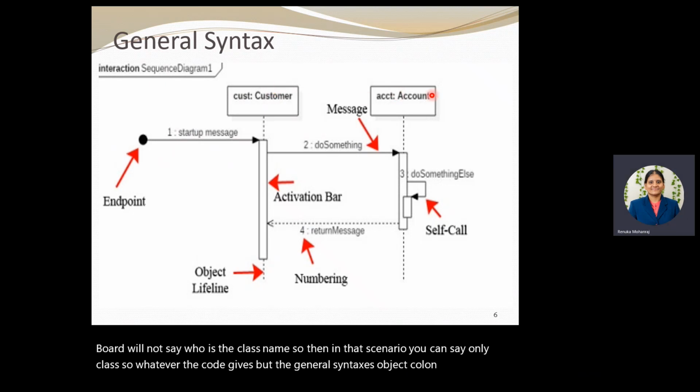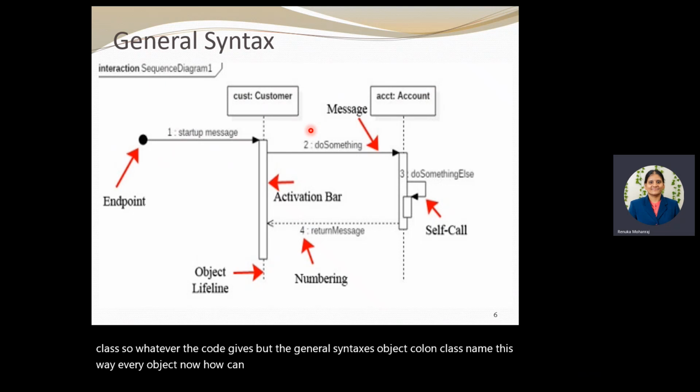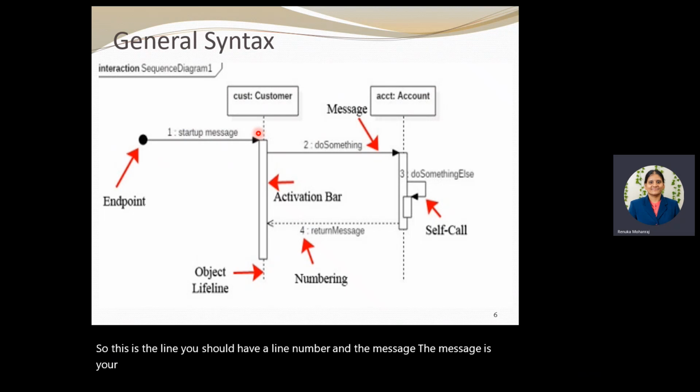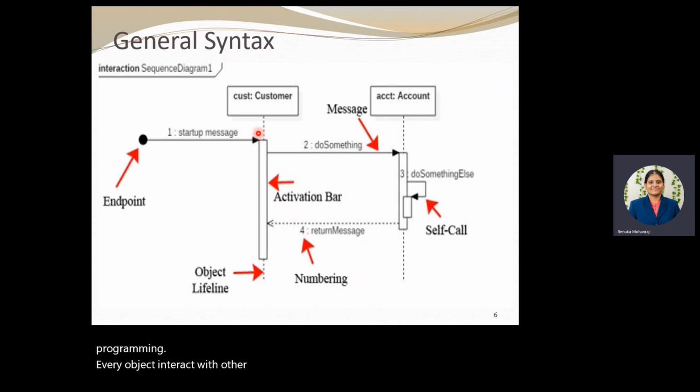every object. Now, how can I send a message from one object to another object? So this is the line. You should have a line and the message. The message is your method call. As we know in object-oriented programming, every object interacts with another object by passing messages.